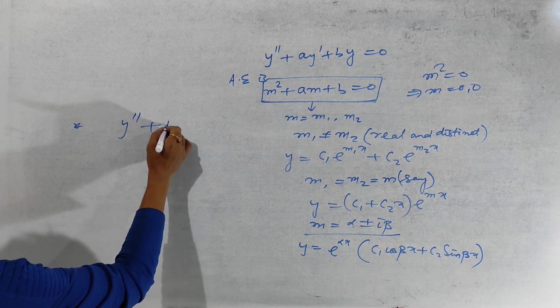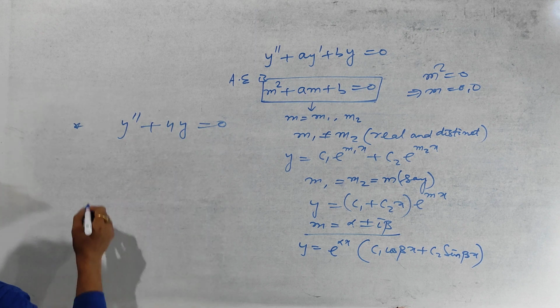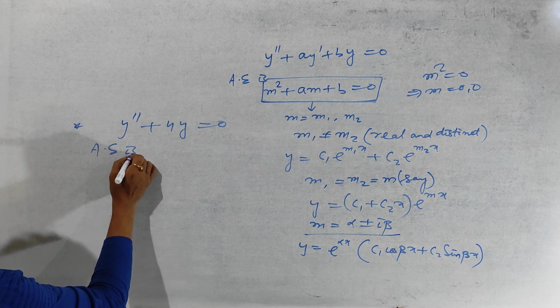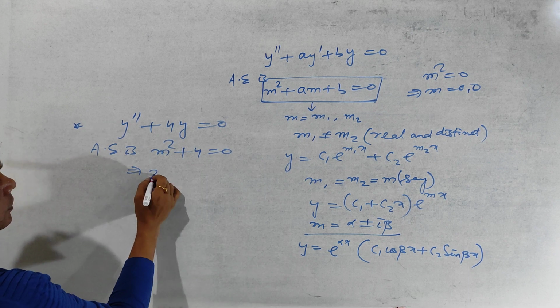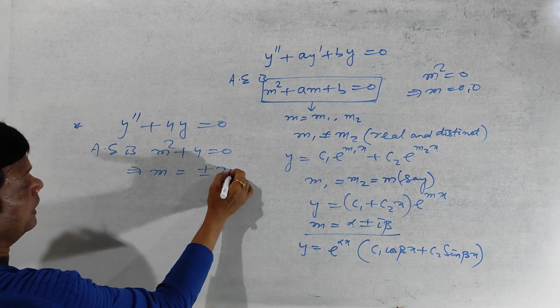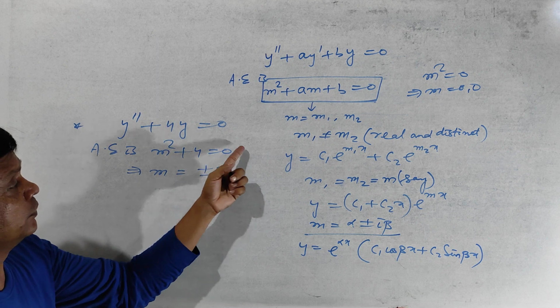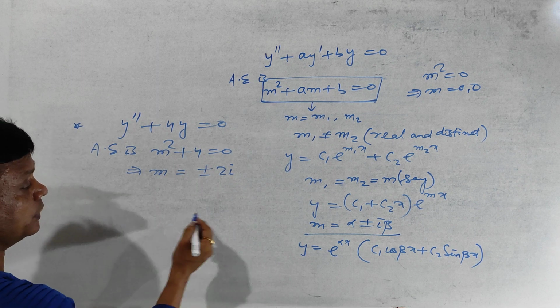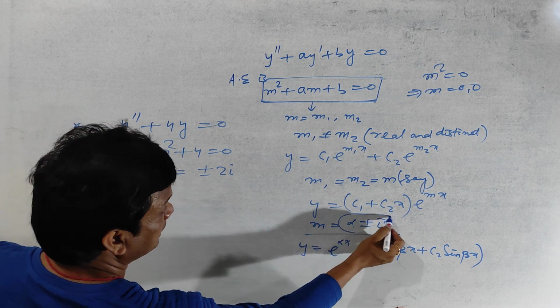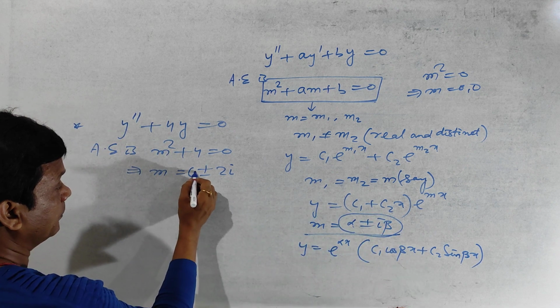See the third case. Y double dash plus 4y equal to 0. And here the auxiliary equation is m square plus 4 equal to 0. So m is equal to plus minus 2i. Because plus 4 will go to right hand side, it will become minus 4, and root of minus 4 is plus minus 2i. So here the form is alpha plus minus i beta. So alpha is 0.